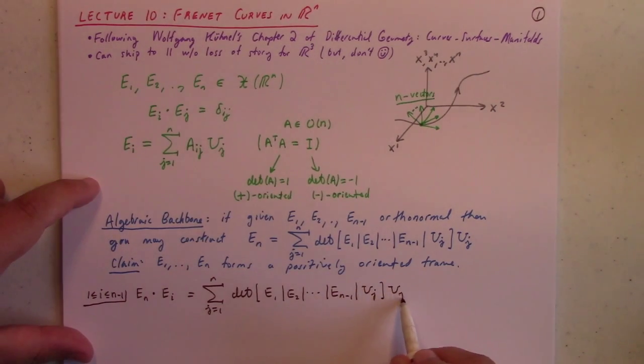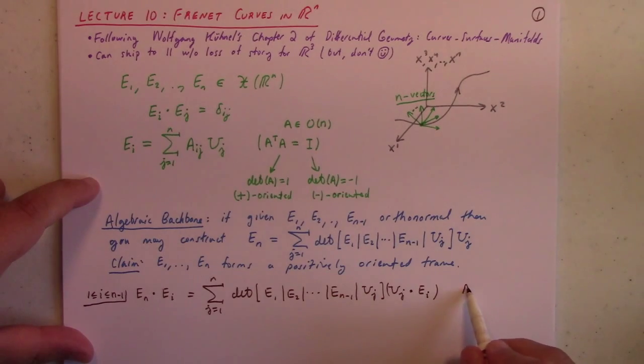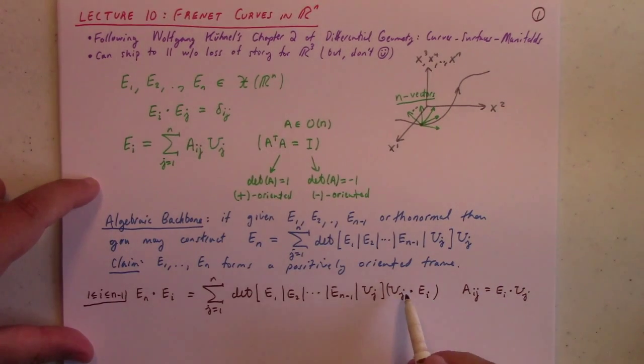We've got uj dot ei, using a property of dot products to bring it inside the summation, right? But recall that aij is equal to ei dot uj, right? So this is nothing more than aji, right?